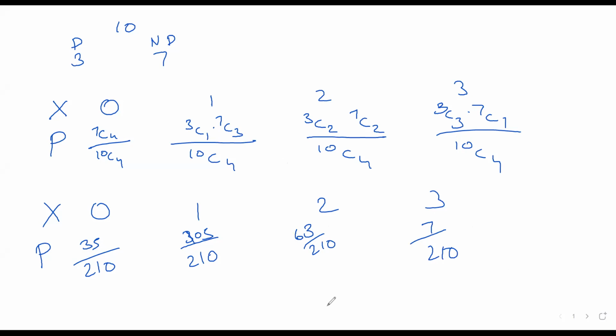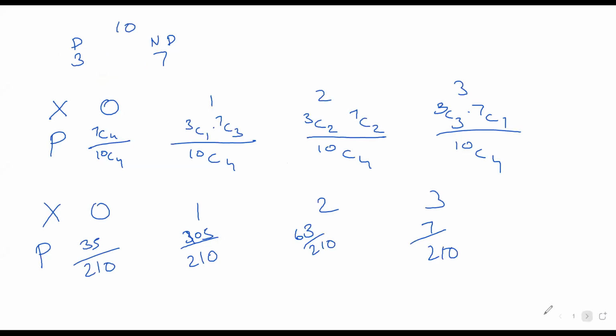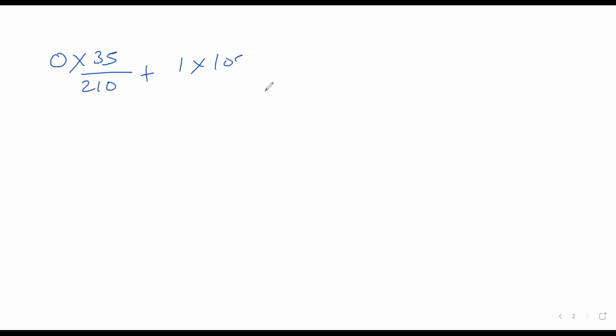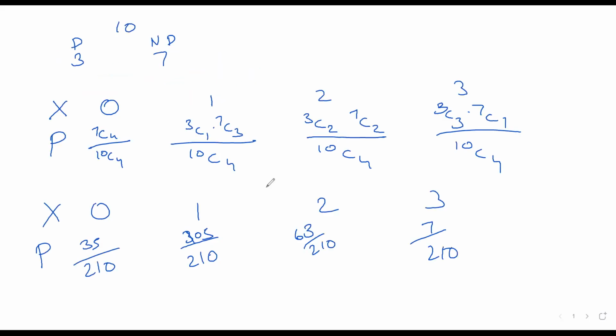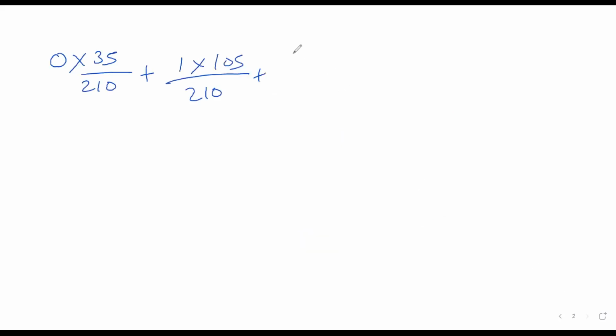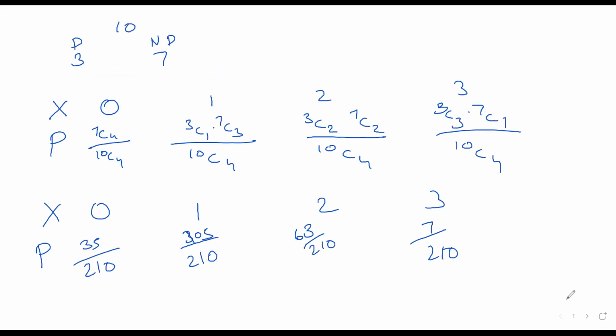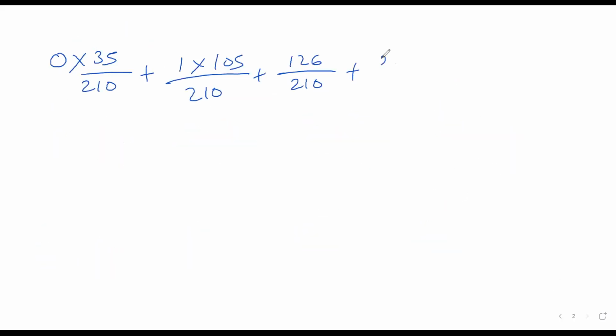Now we want expected value. So obviously expected value will be 0 into 35 by 210 plus 1 into 105 upon 210 plus 126 upon 210 plus 21 upon 210.